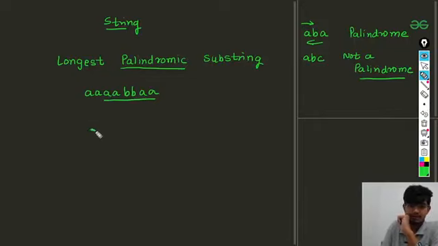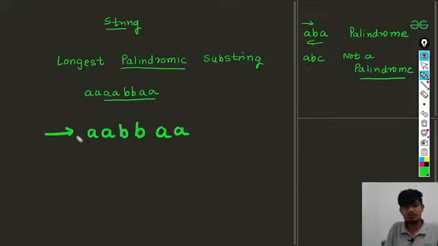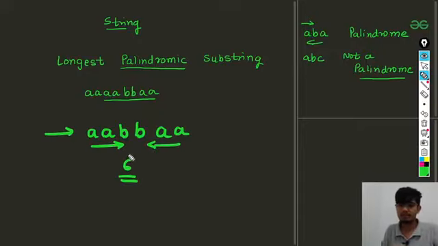A, B, B, A. Actually the longest is the whole string, because if you read from left or from right, both are the same, and the length of this substring is 6, which is greater than any other possible substring. Okay, so that's the solution, and let's see how we can solve this question.